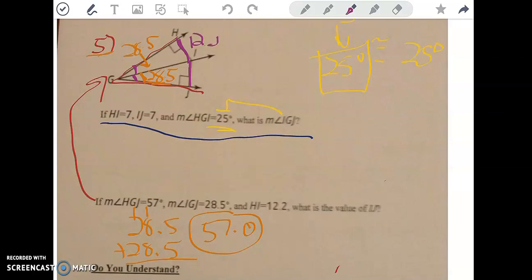Because HI is 12.2, we know IJ is going to be equidistant because of the bisected angles, so this one also is going to be 12.2. Remember, this doesn't work if these angles aren't bisected, or aren't the same. If they're two different ones, then the theorem won't work.